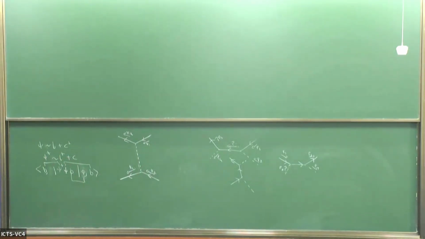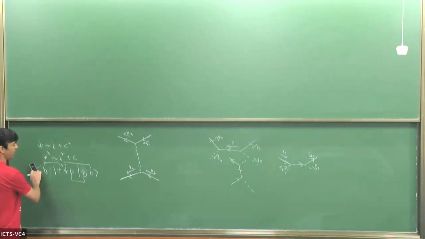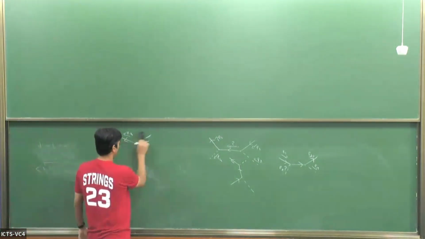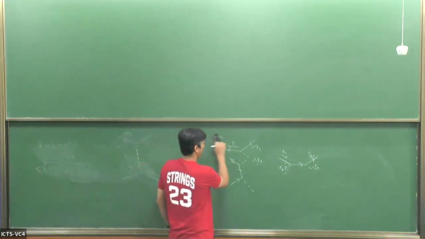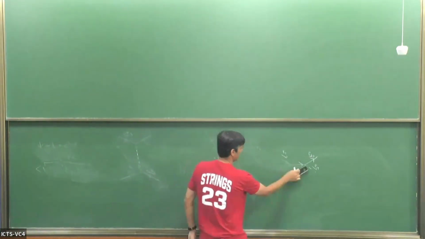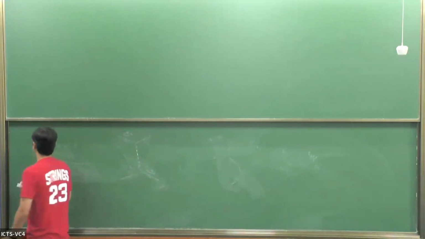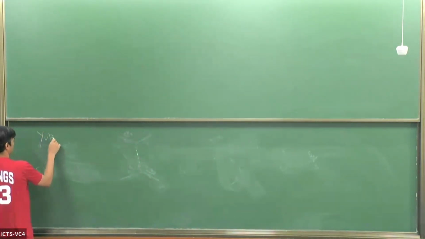Okay, excellent. Now, today what I want to do is extract a little bit of physics from what we have done. We did all these calculations of these amplitudes, and today I want to discuss how that can be related to some physics that you might already be familiar with, which is the physics of the Yukawa potential.